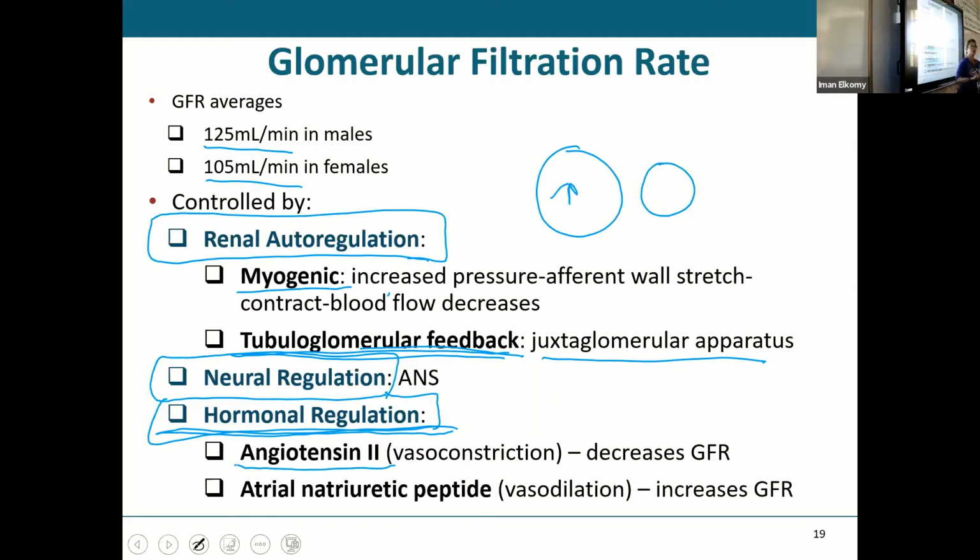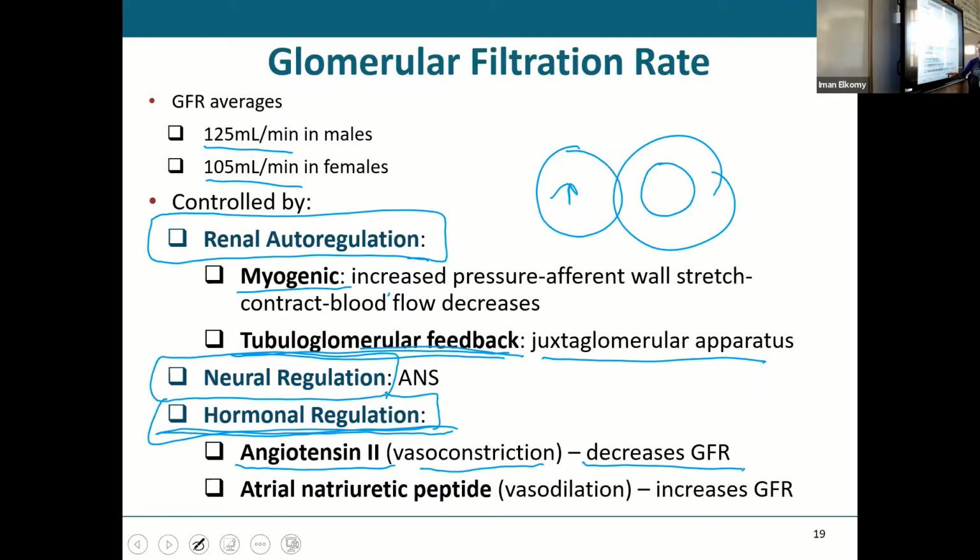Angiotensin 2 is a hormone that's released by hepatocytes in the liver as angiotensin 1, and then it is converted into angiotensin 2, which is the active form. What does it do? It's going to vasoconstrict. When it vasoconstricts, again, you're doing this. You are decreasing the diameter, and that's going to decrease our glomerular filtration rate. Okay?